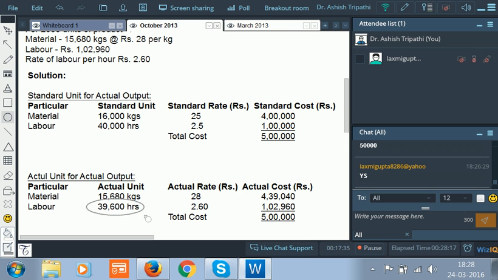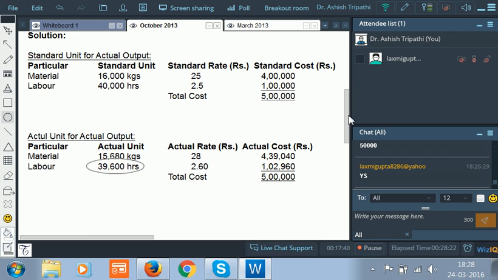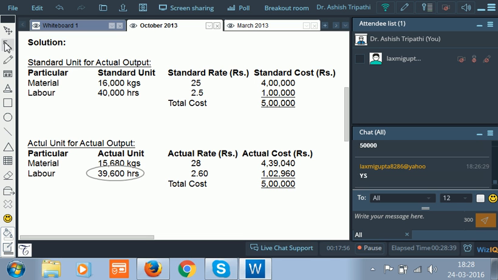So this was our balancing figure. This is not the exact answer, but still to make you understand. What was given in the question was total cost, actual cost. Then we divided by 2.60, we got actual hours. One thing is left, we'll have to change the total.